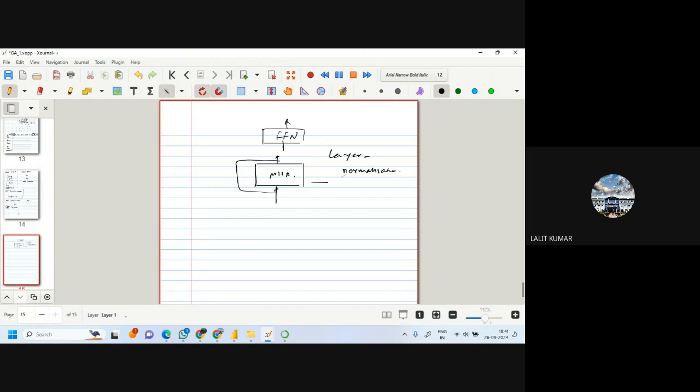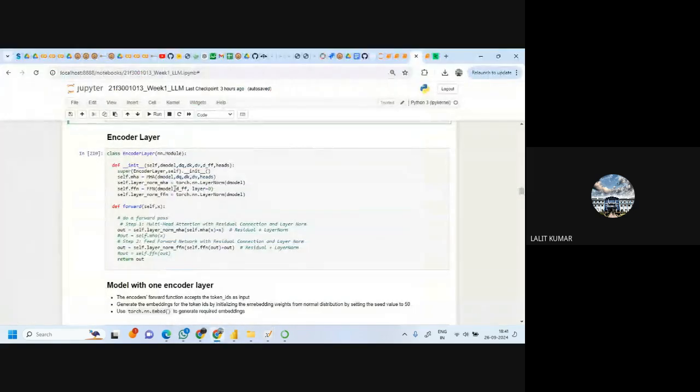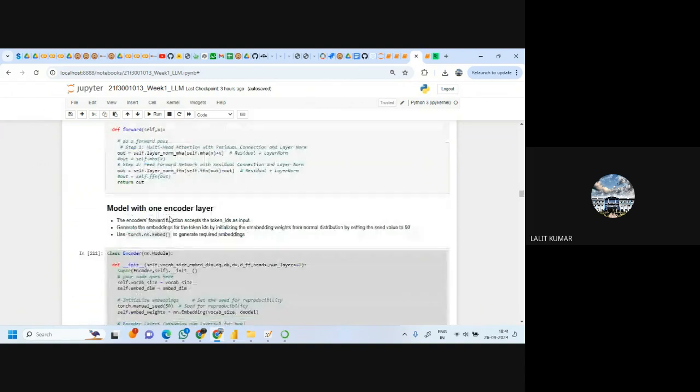The output which is there, they add it, and this is the normalization which is happening. Here in this encoder layer, I'm doing layer norm for MHA. I'm using torch layer norm for both of these. So we pass it and we get the output.